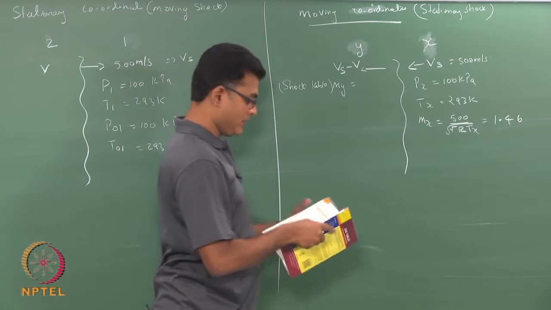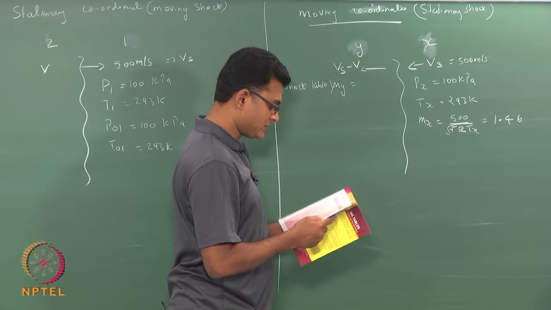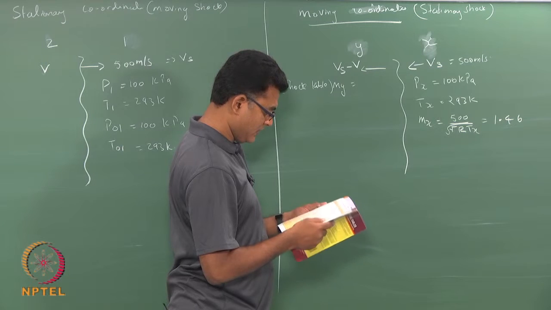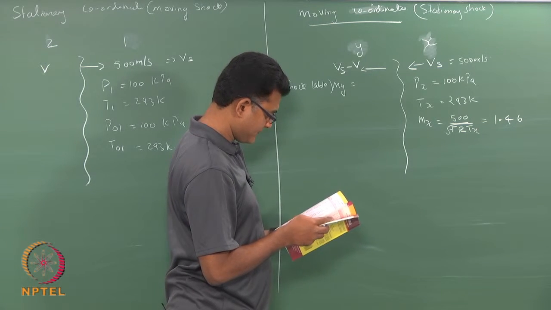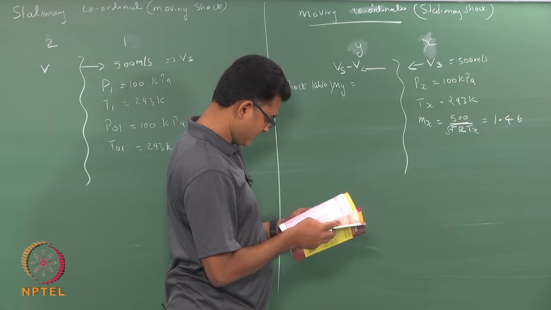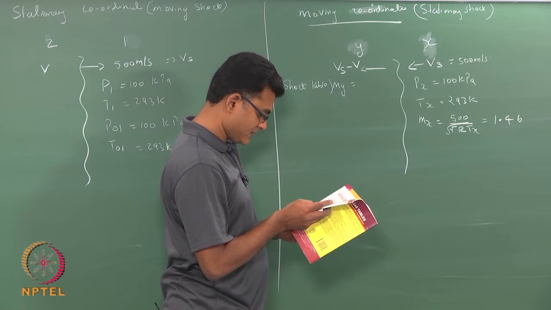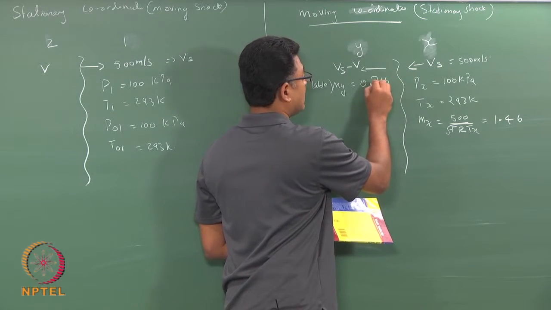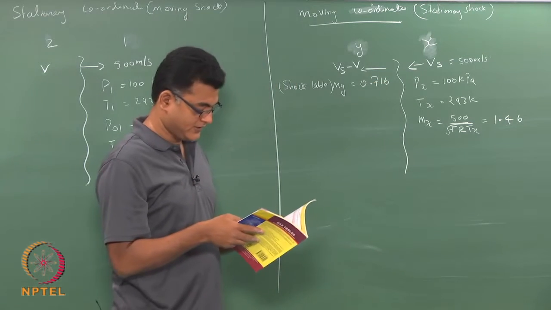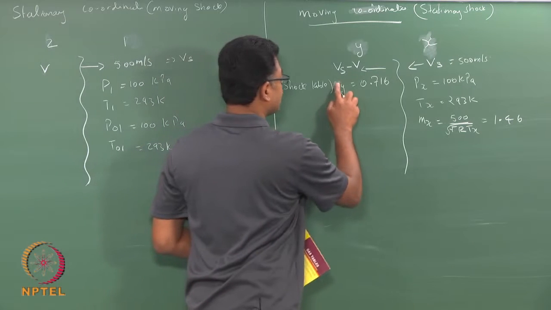For gamma equals 1.4, I will use shock tables to get, for Mx of 1.46, my My is 0.716. So now I know my My.